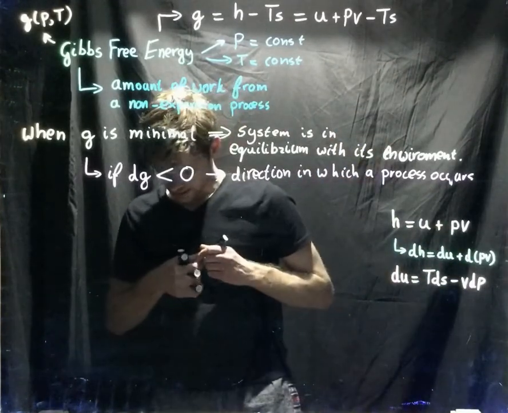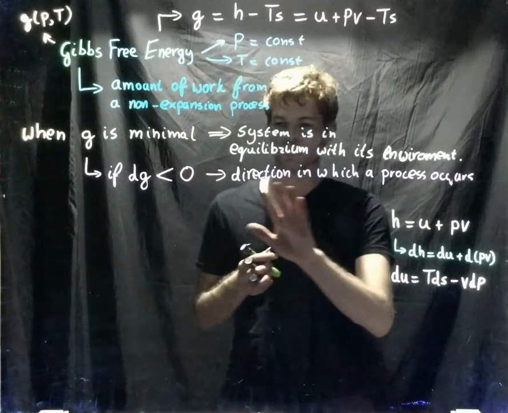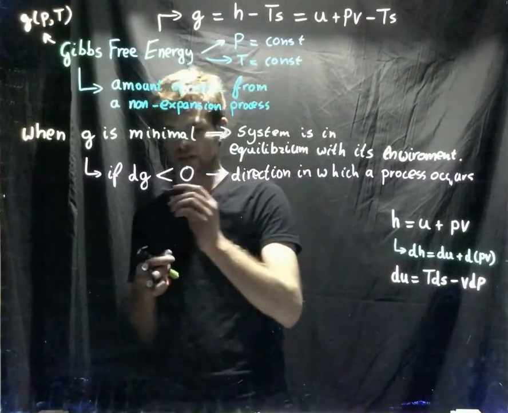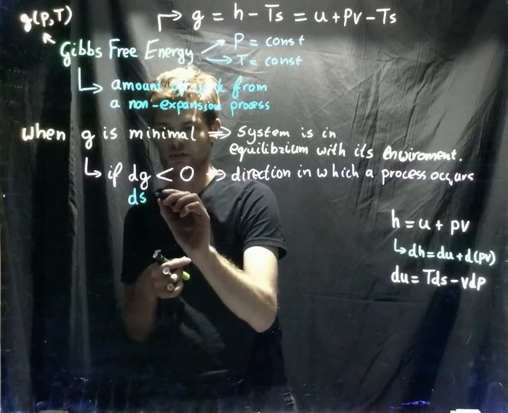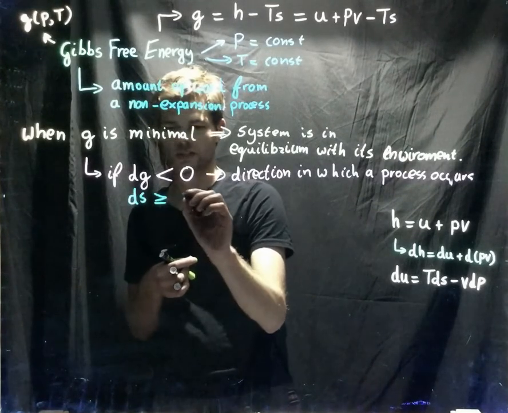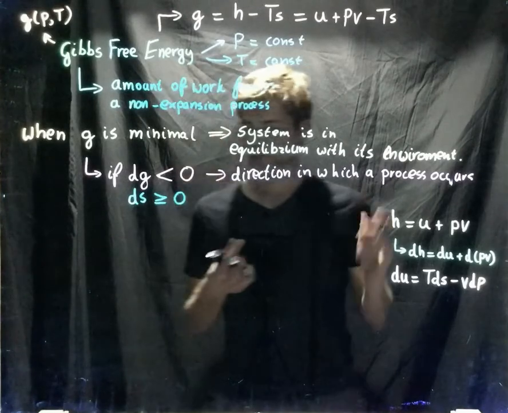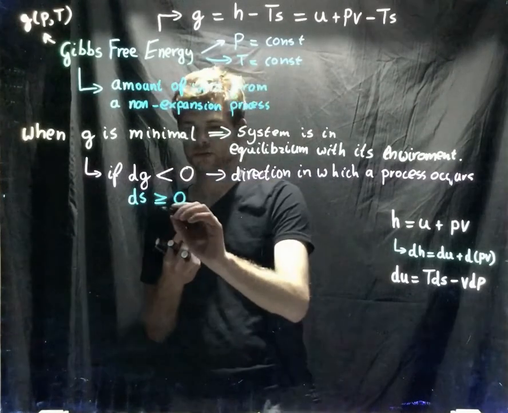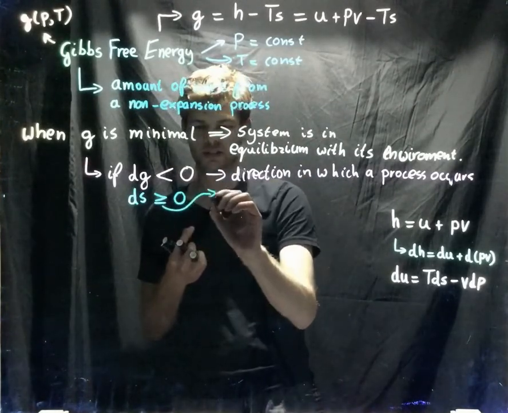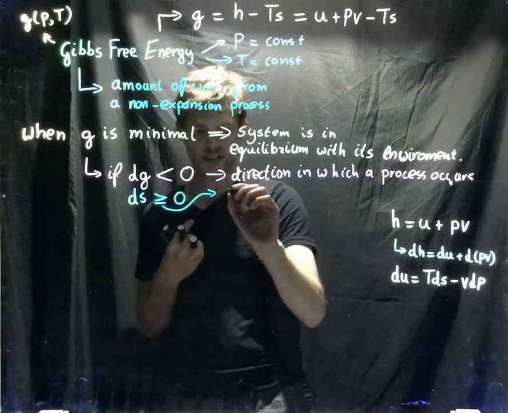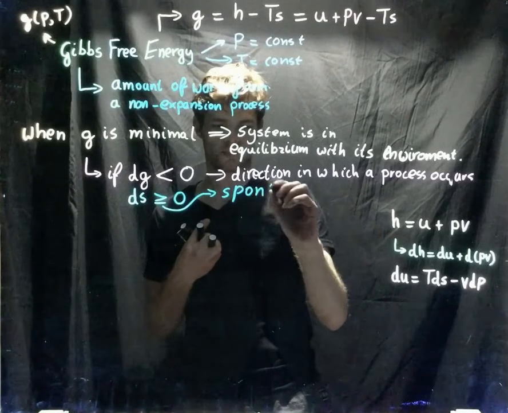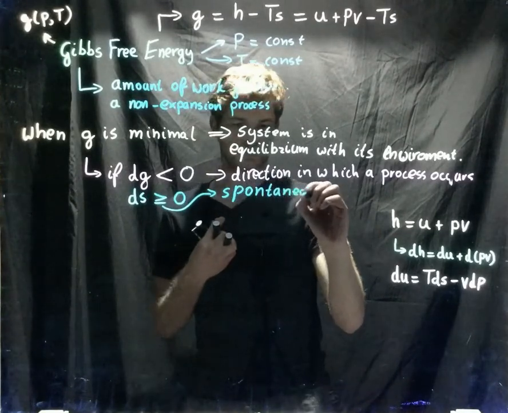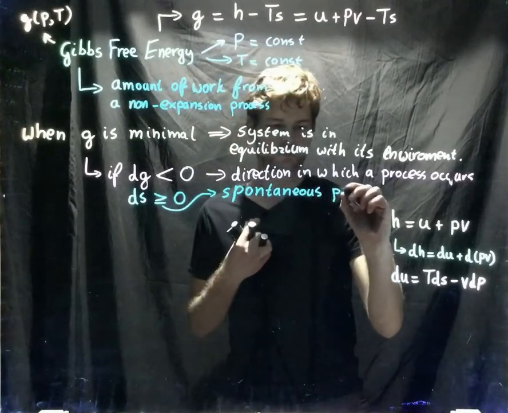And of course, there's one thing: the entropy, dS, the difference in entropy, should be larger than 0 or at least equal to 0. Then we'll have a spontaneous process.